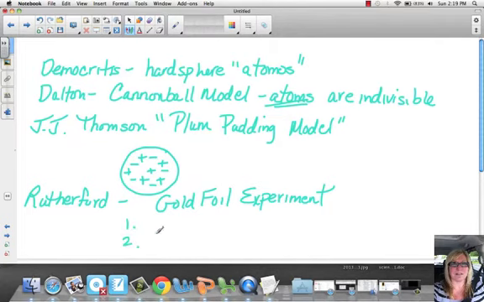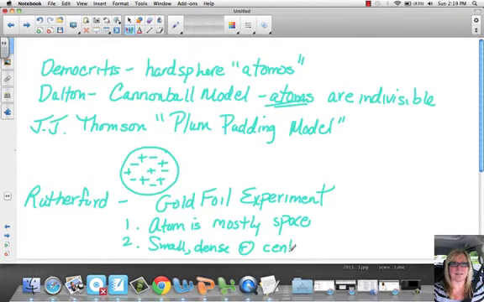This led him to two conclusions about the atom. The first one was that the atom is mostly empty space, and that's because most of the alpha particles went straight through the gold foil. The second thing he concluded was that there must be a small, dense, positive center, which we now call the nucleus.